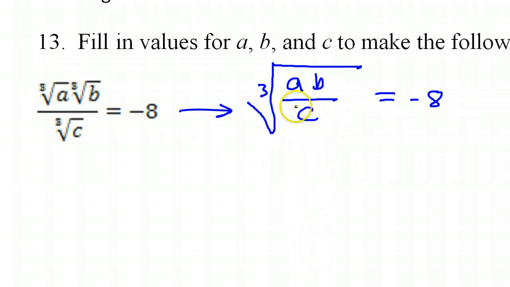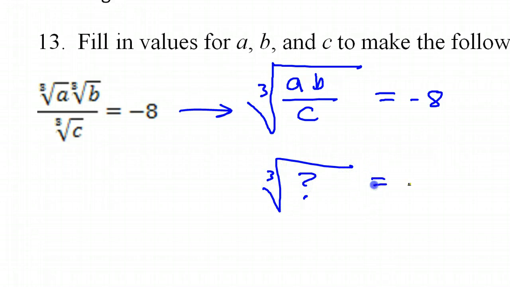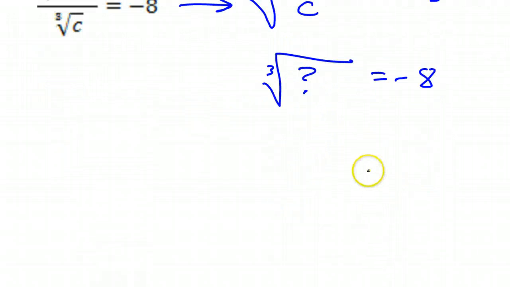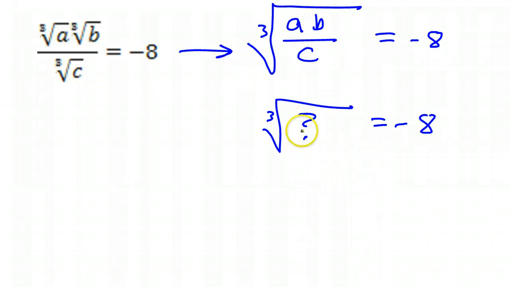Alright, ask yourself this: the cube root of what will give you -8? Let's just figure out this whole cluster. The cube root, and we need it to be -8. Now we know it's going to be negative something to get the -8, so just focus on the 8.